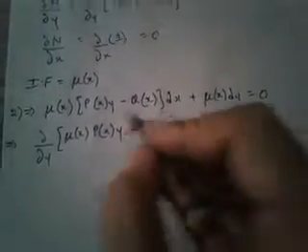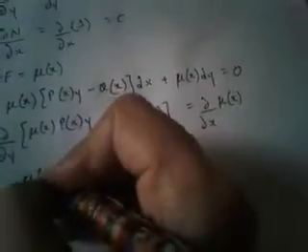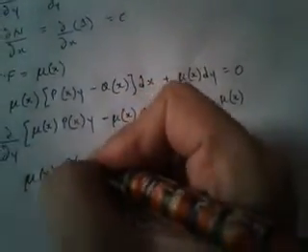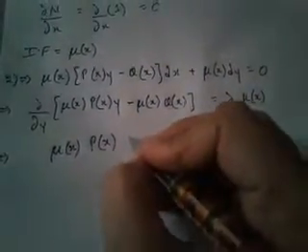So once you differentiate this expression with respect to y, you're going to get just this thing left. This is actually the background for understanding how to solve the linear equation.